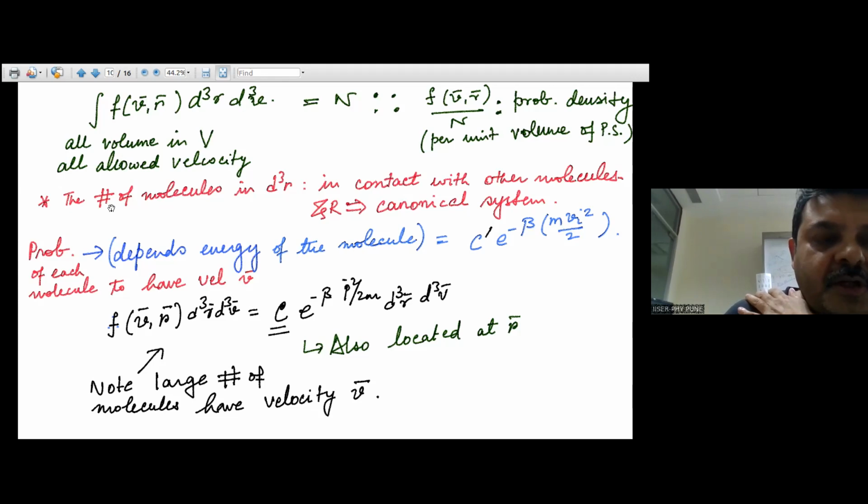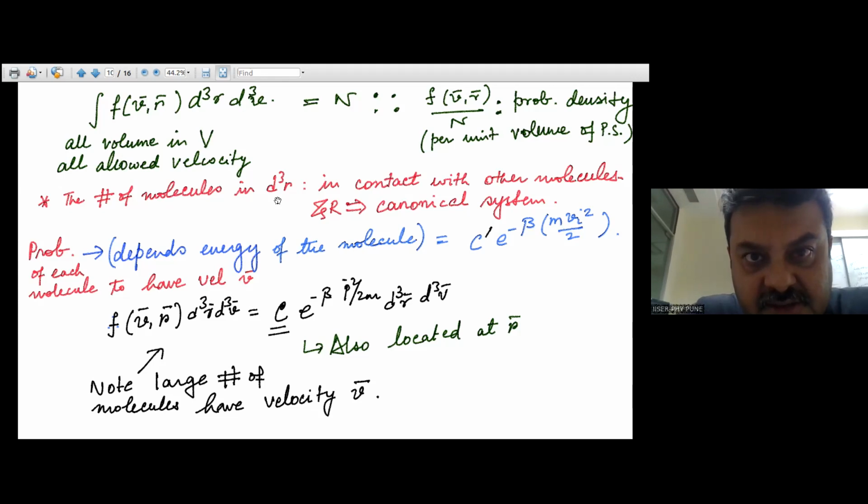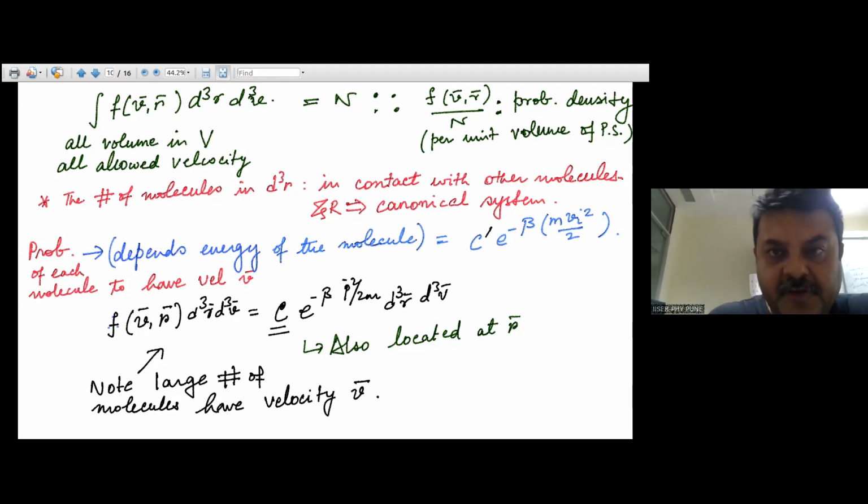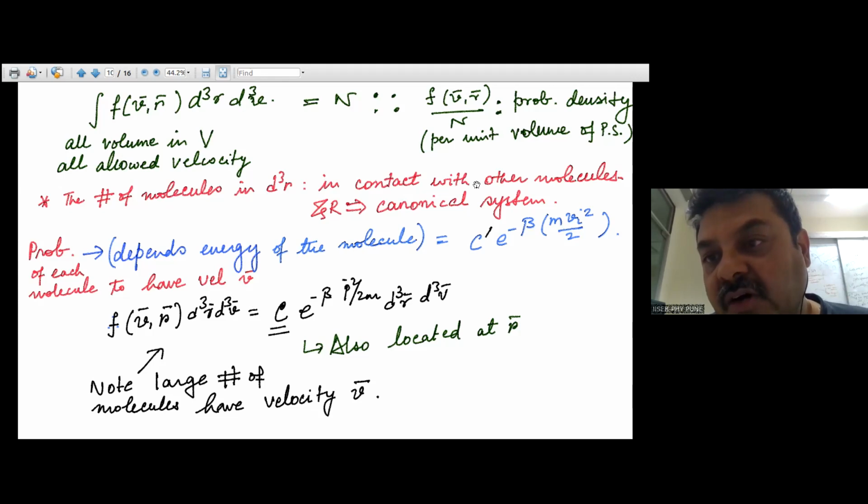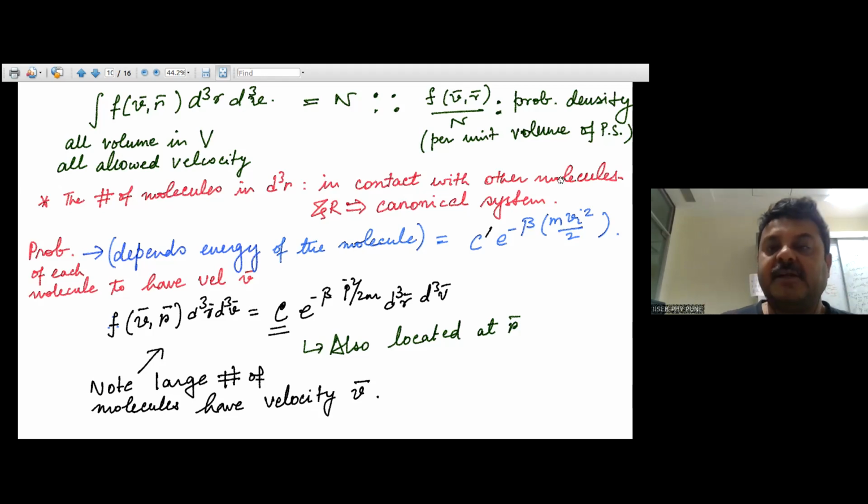So now if we look at the number of molecules in d3r, a small real space volume element, that is in contact with all the other molecules within that element, then the probability that a molecule will have a certain velocity v, or speed v if you like, will depend upon the energy of the molecule.